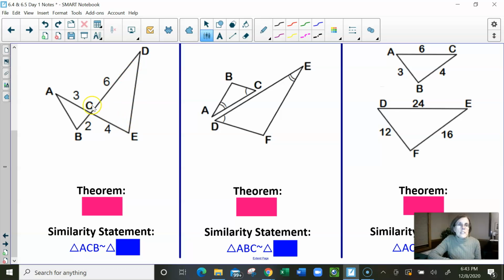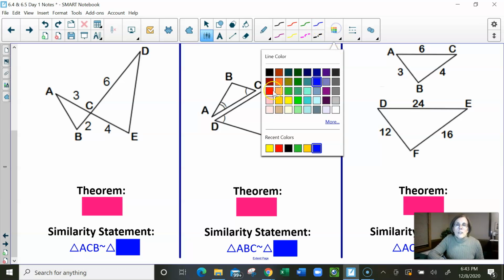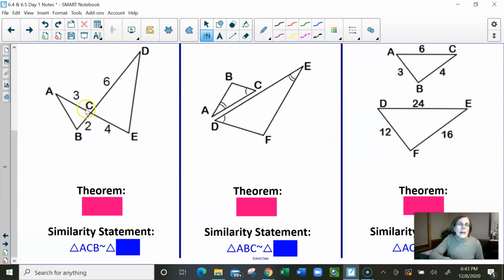On triangle DEC, they give me a 6 and a 4. I only have 2 pairs of sides. Which similarity theorem do you think we can use on this one? I notice that I have vertical angles.